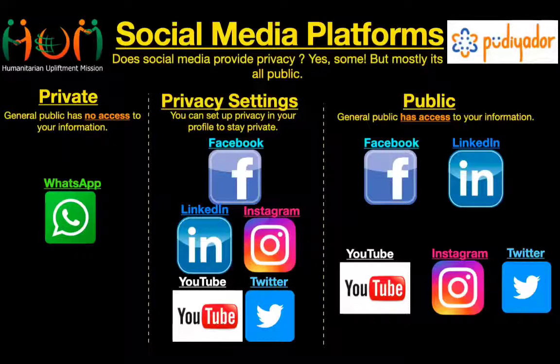So if you go to Facebook, LinkedIn, Instagram, all these other social media platforms, by default, a lot of what you put on Facebook, Instagram, all these other places is public. In order for you to have something very private that others cannot see, in the account that you have on that social media platform, you need to go into your profile settings, look for privacy settings, and turn on the privacy setting, so that whatever you post there is not public information.